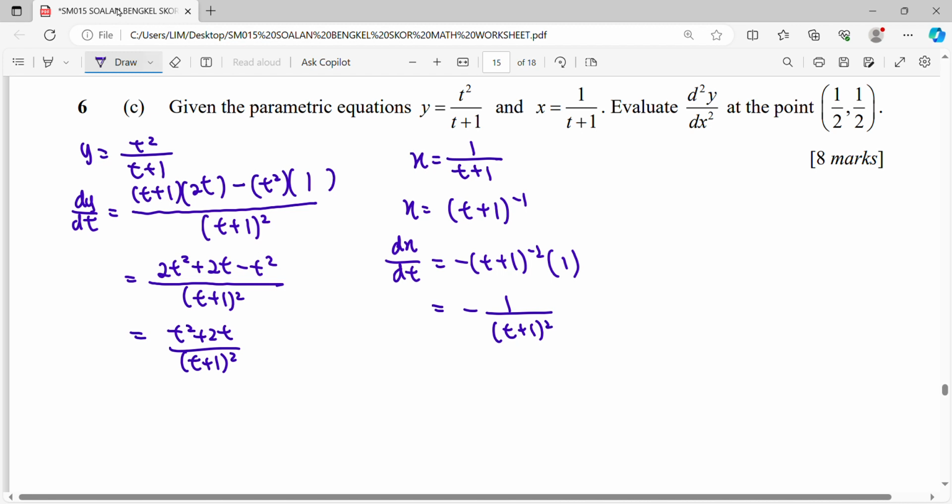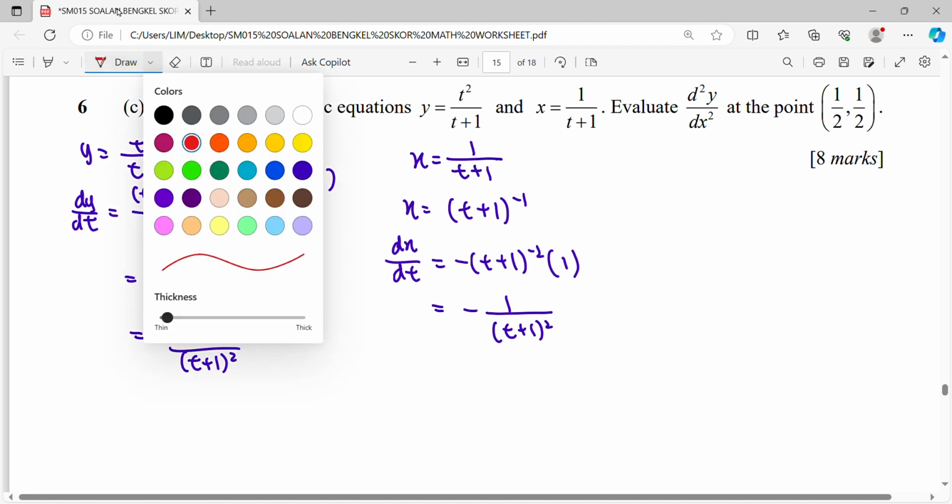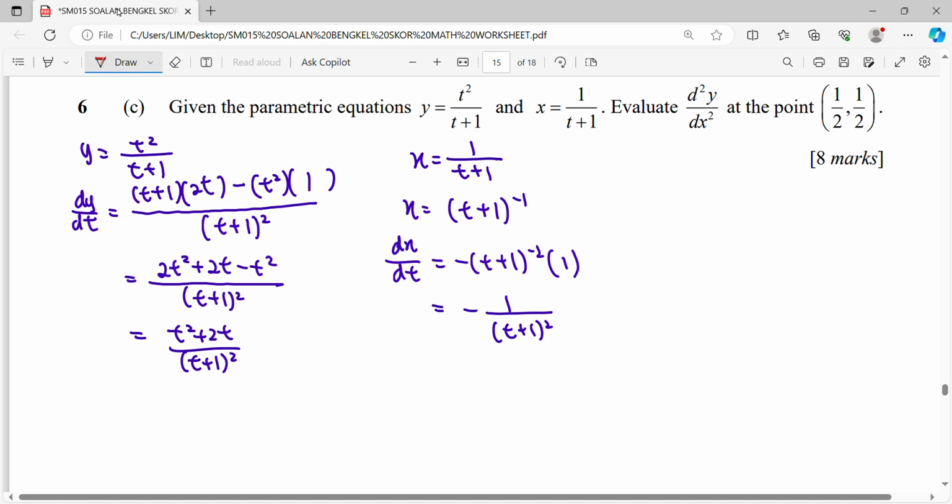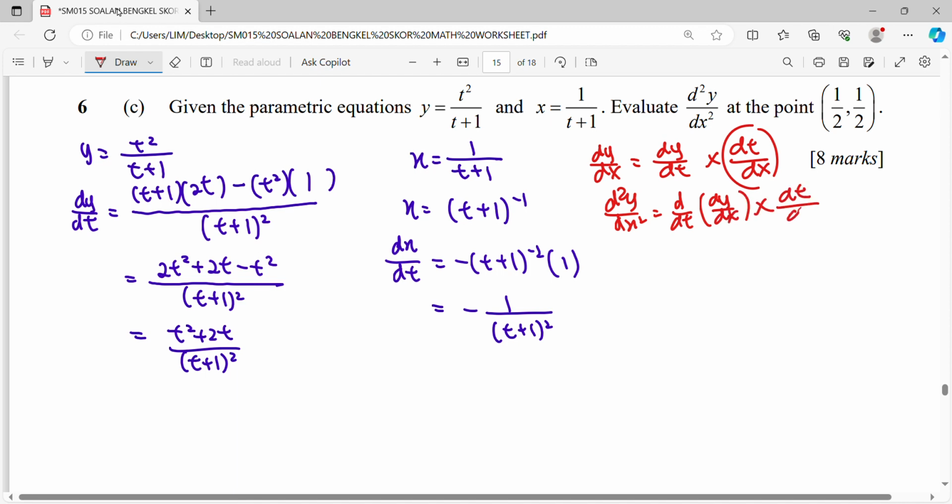So, adakah kita nak dx/dt? In parametric, dy/dx is obtained by using the formula dy/dt times dt/dx. In second derivative, also differentiate with respect to t for dy/dx times dt/dx.